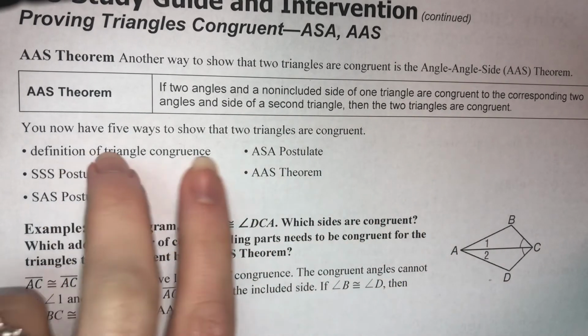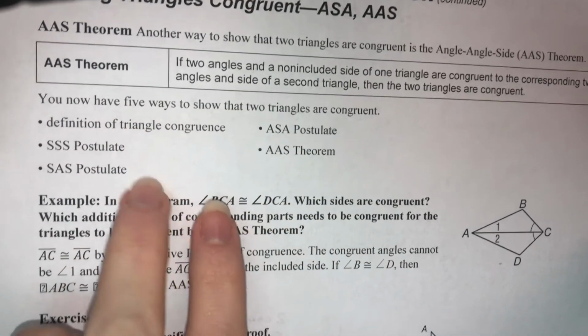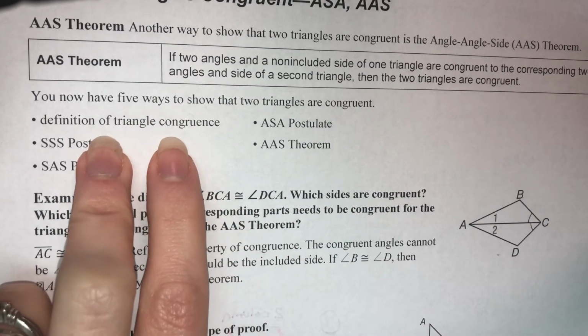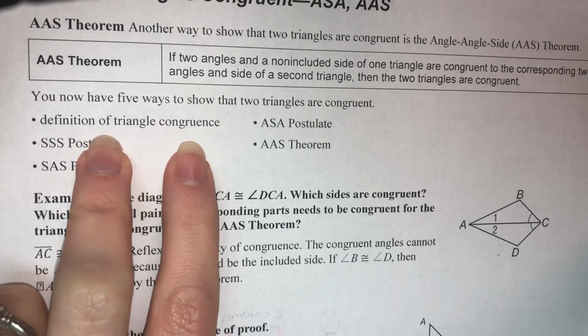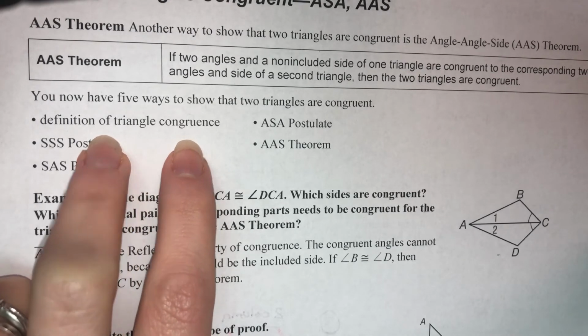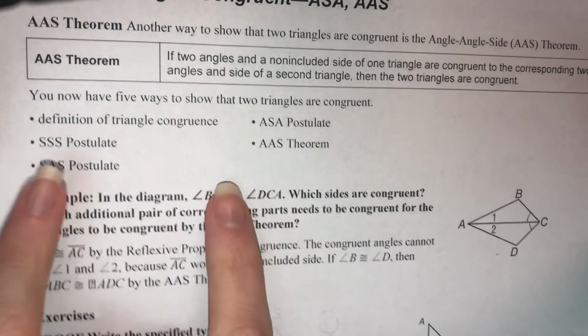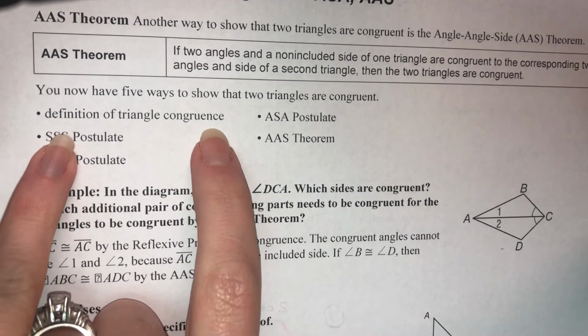And it says you now have 5 ways to show that two triangles are congruent. The definition of triangle congruence, which was your CPCTC, where every one of the 3 sides is congruent to every one of the 3 sides of the other triangle, and all 3 angles are congruent to all 3 angles in the other triangle. So that's the most involved one.